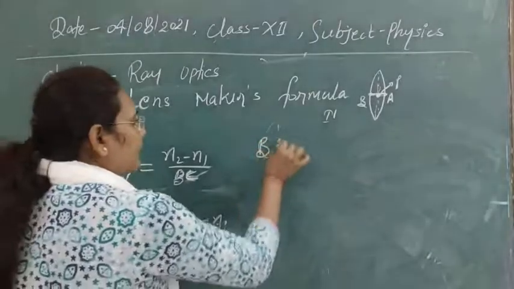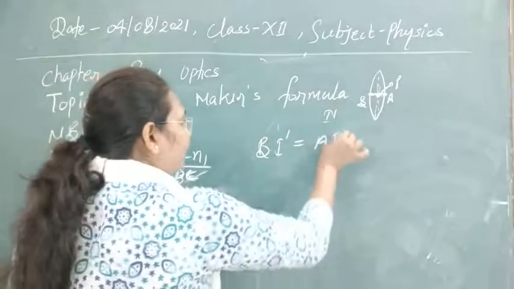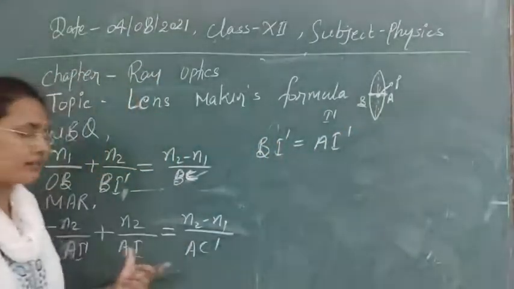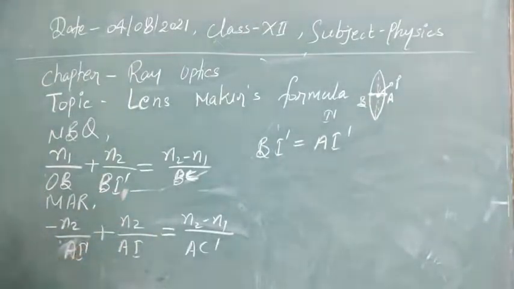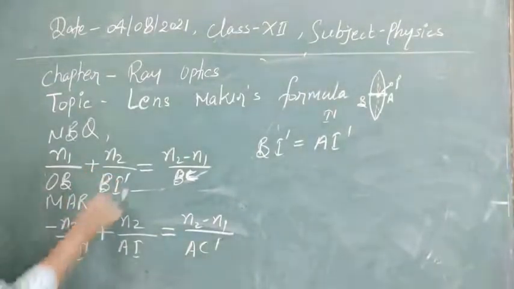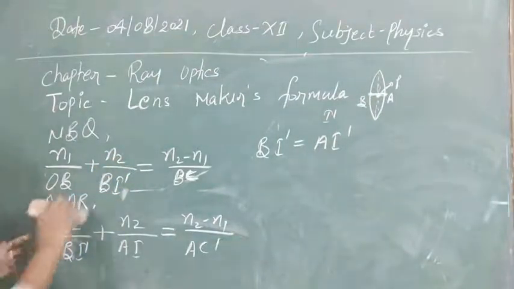So BI dash should be equal to AI dash with the help of our assumptions. Now if we add these two equations, these two terms will be cancelled out.